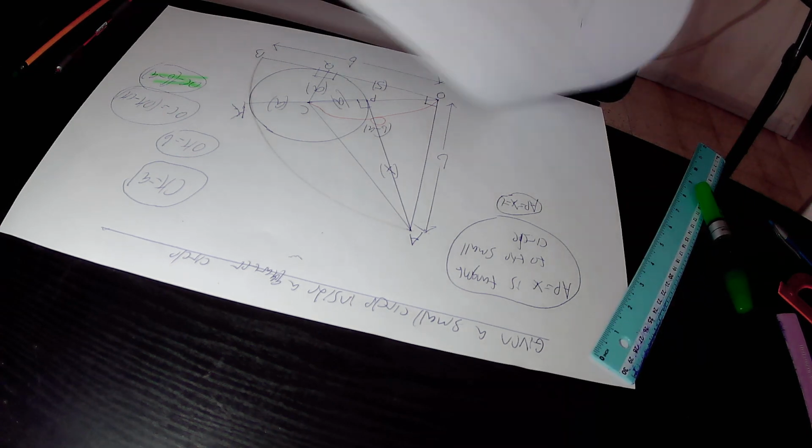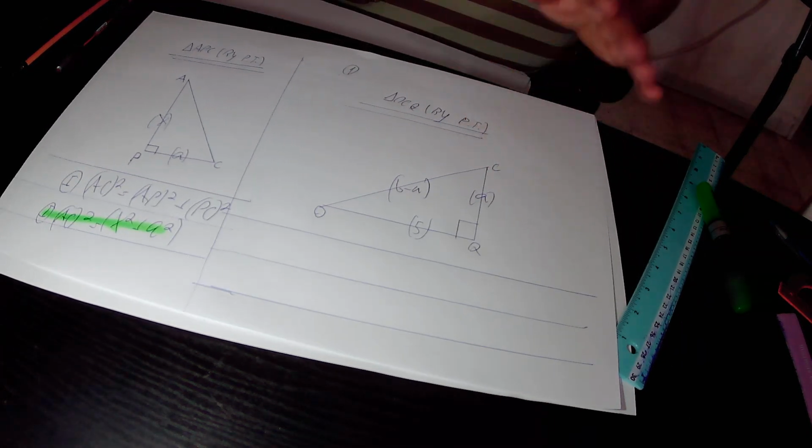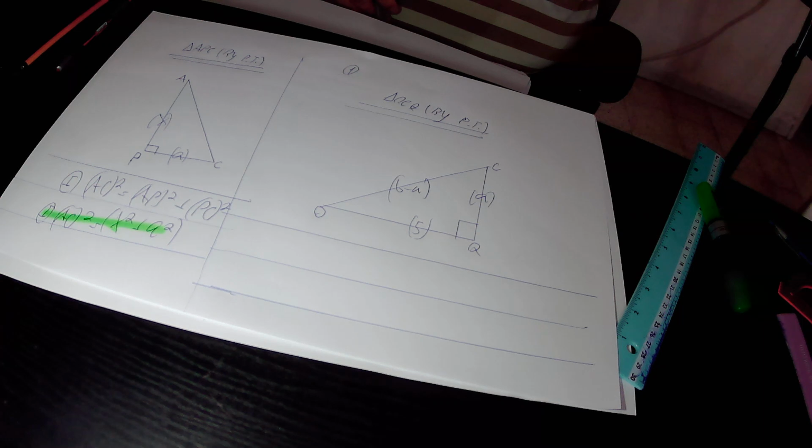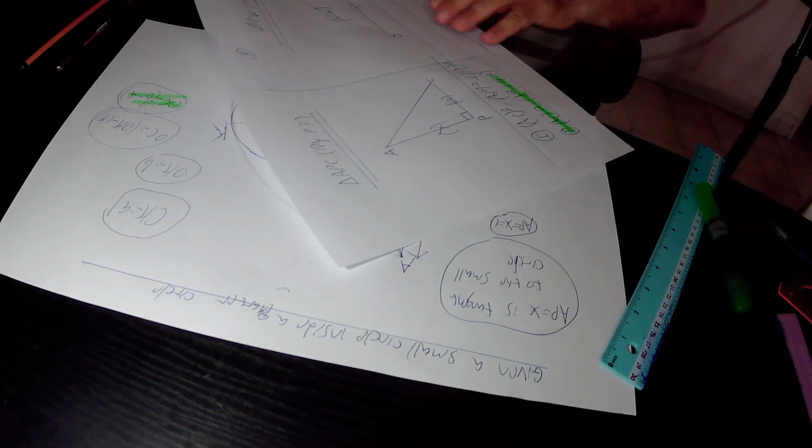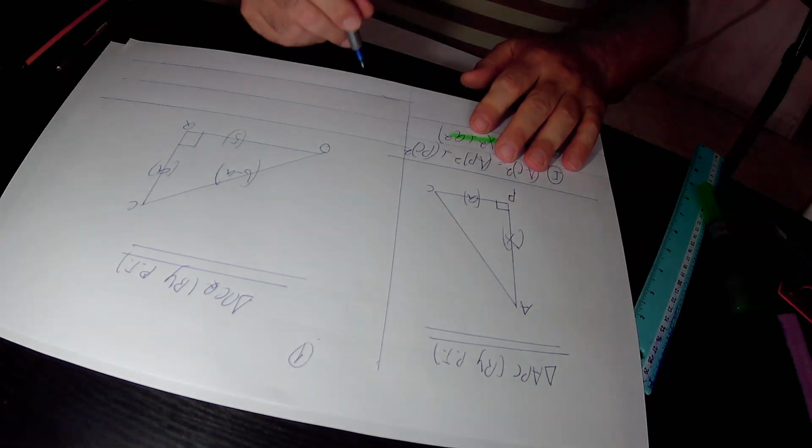So here, this is the right triangle OCQ that I copied from the original diagram. In this right triangle OCQ, OC squared, that is the square of the hypotenuse, equals CQ squared plus OQ squared. So I write it down. This will be equation 2.